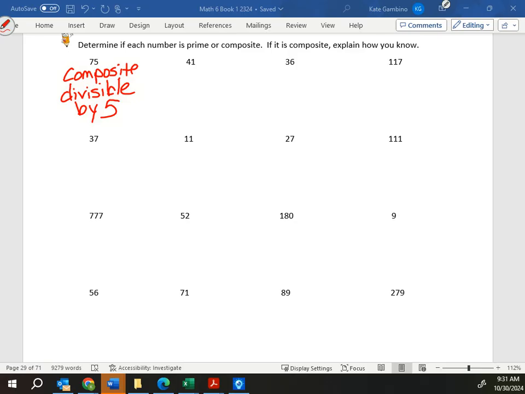Look at 41. Prime or composite? James? Prime. How do you know, James? Because it's an odd number. Just because it's an odd number, does it make it a prime? It doesn't. So how do we know?